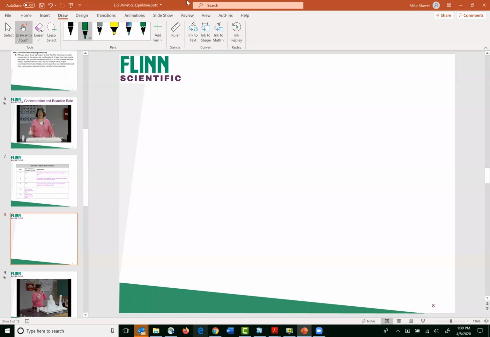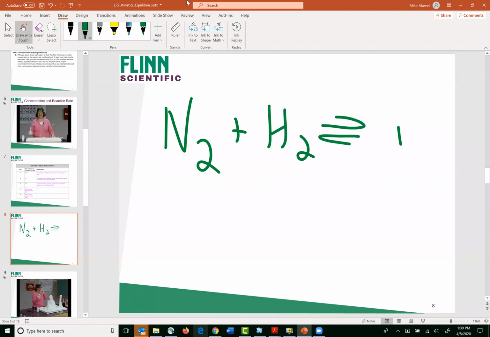One of the more fascinating equilibrium reactions, at least for me, is the Haber process, where we combine nitrogen and hydrogen to form ammonia. Nature does this, but we also force it to create materials for fertilizers and whatnot. And let me just balance this.